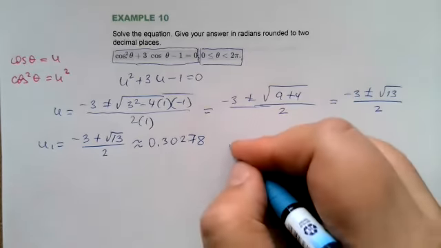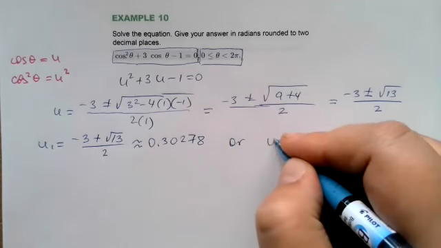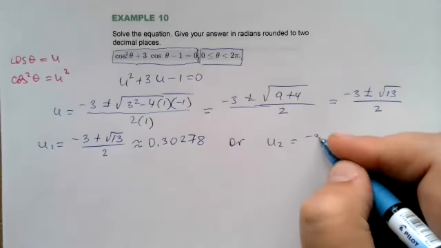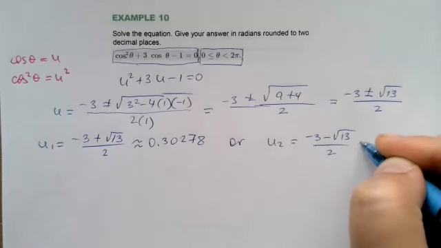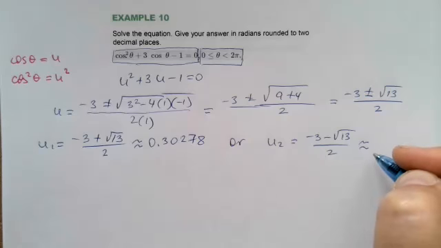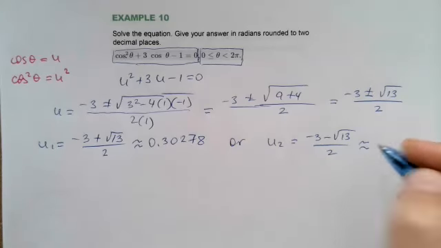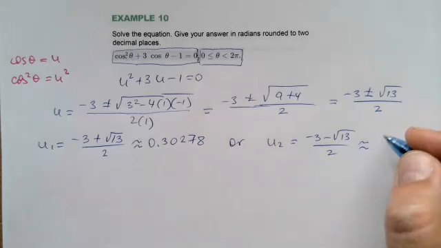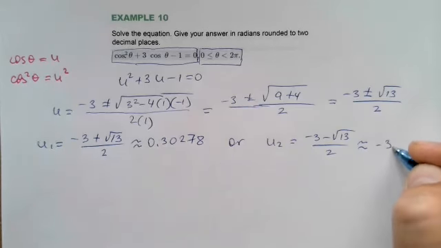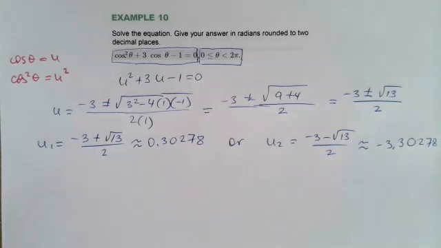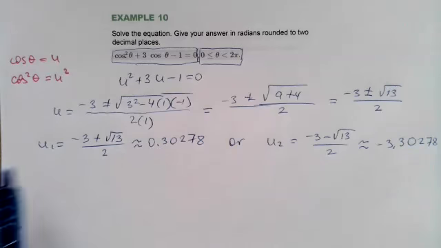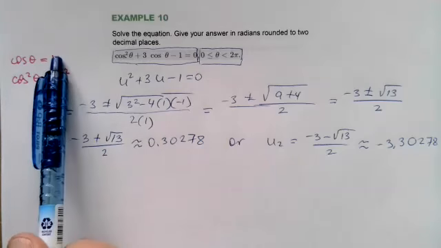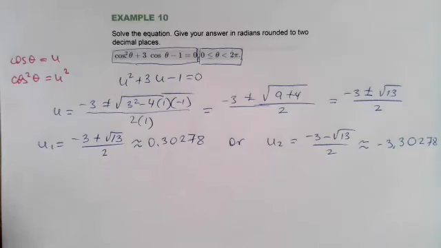Or let's get the second value, -3 minus the root of 13 over 2. When we put this into the calculator, we're going to get about -3.30278.